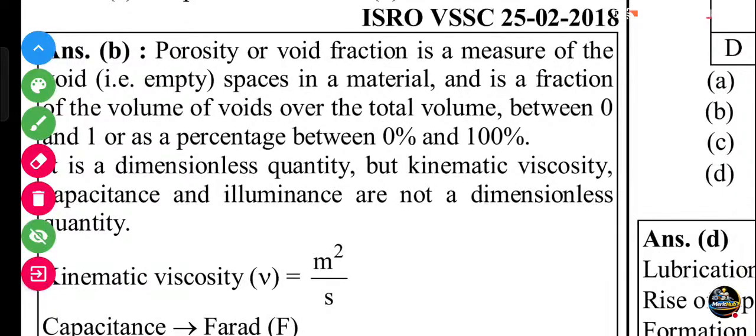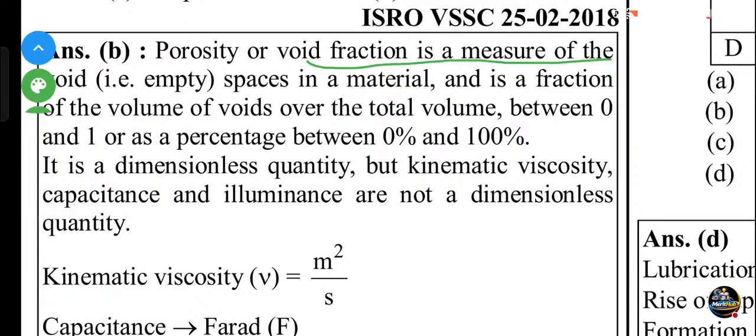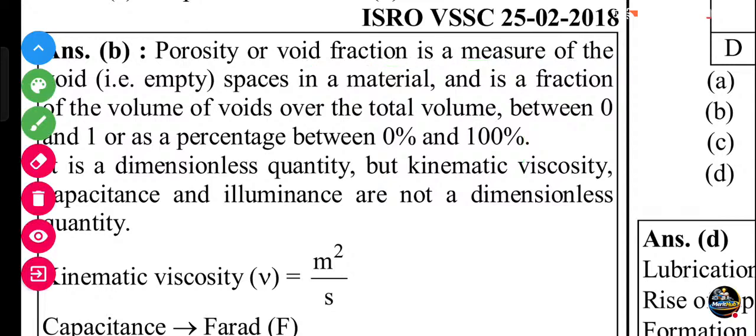Porosity or the void fraction is the measure of the void spaces in the material, and is a fraction of the volume of the voids over the total volume, between 0 and 1, or 0% to 100%. It is a dimensionless quantity.